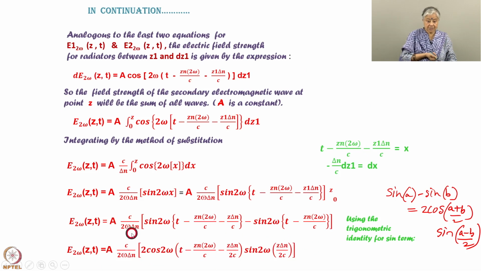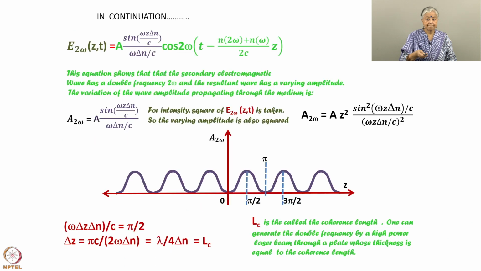Now I can interpret this equation well enough. It is a function of z and t. What I find is this term, I can take it out as the amplitude term.